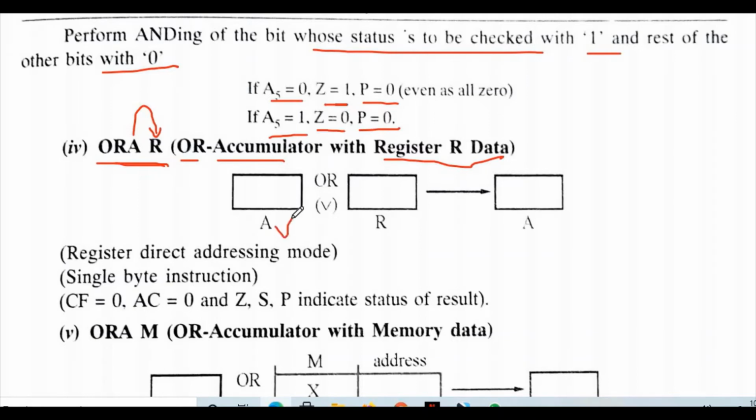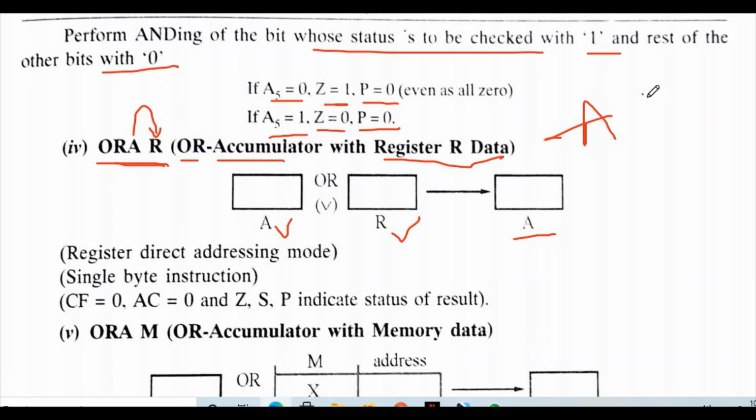Here also after ORing, this instruction will do this operation: ORing the contents of the accumulator with the contents of register R given along with this instruction.